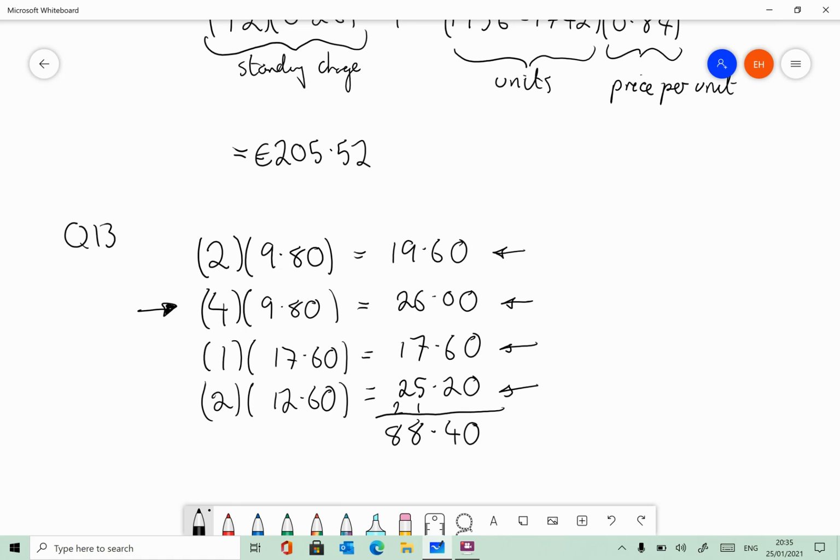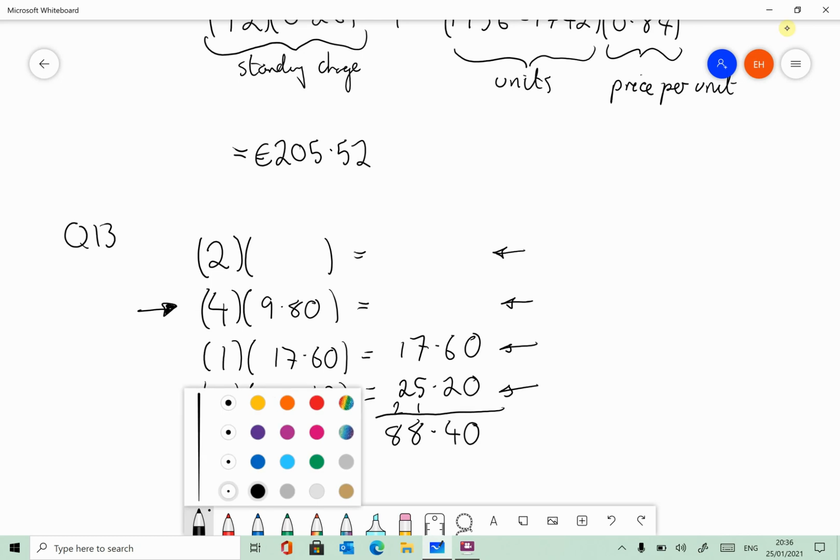And sorry guys, I did loads of things wrong there. So the 3.4 kilograms, because we've gone above 3 kilograms, but we're less than 5 kilograms, we're going to use that as 6.50.